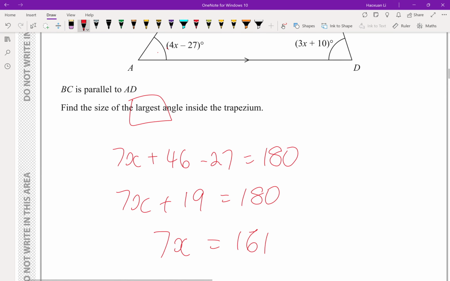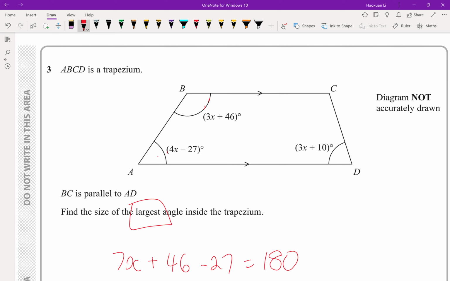23. You're meant to find the largest angle inside of this trapezium. So what you do here is that you just try to find it one by one.